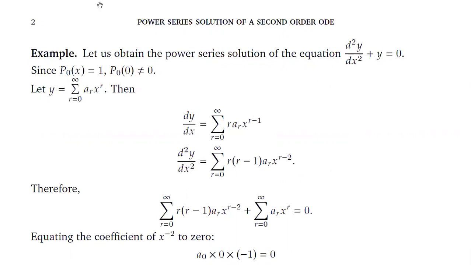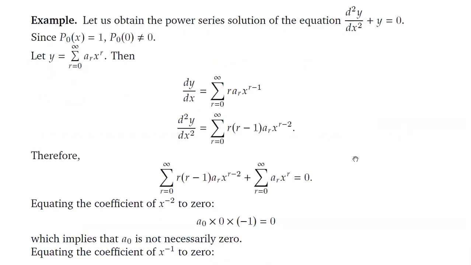So when we do that, the equation goes to the form summation r from 0 to infinity r into r minus 1 ar into x power r minus 2 plus summation r from 0 to infinity ar into x power r. Now what you want to calculate is the values of a0, a1, a2, a3, etc.